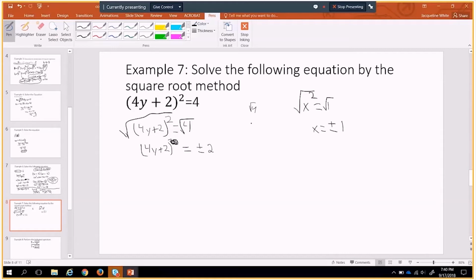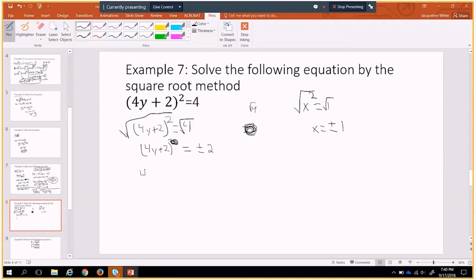You're just going to have a 3. And then you're not going to get the right answer because it's going to be plus or minus 3. All right? So now if we know that, that means we have to make this 4y plus 2 equal to a positive 2, and this 4y plus 2 equal to a negative 2. All right, so let's do that.